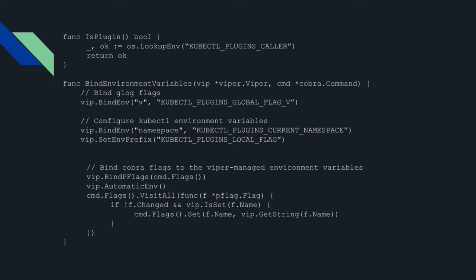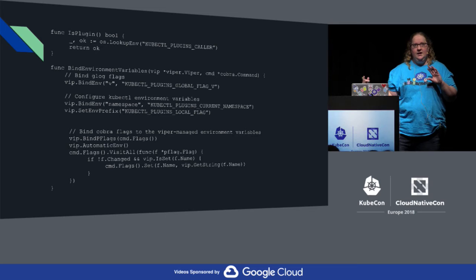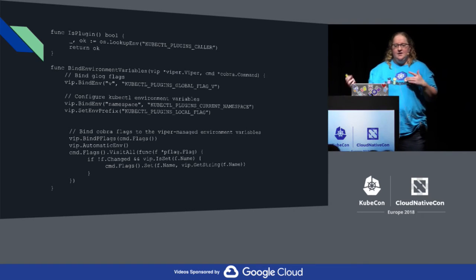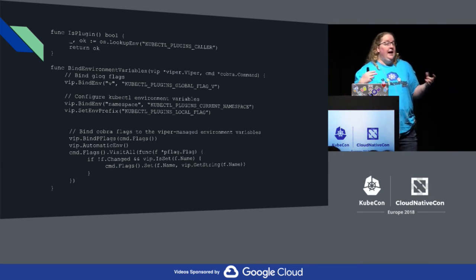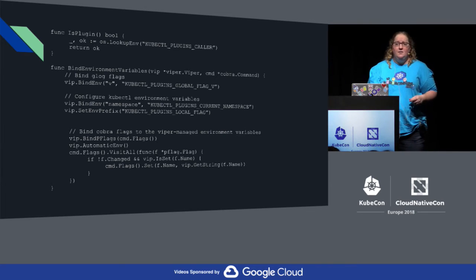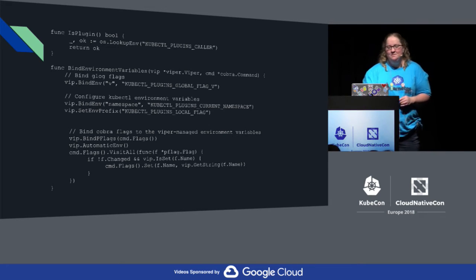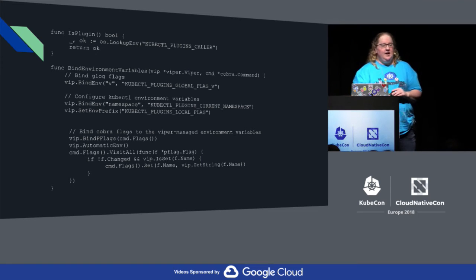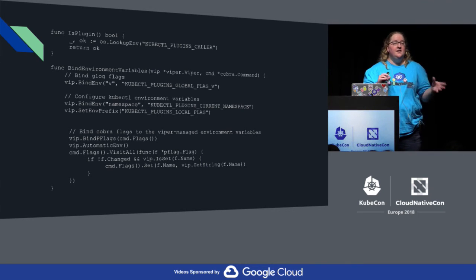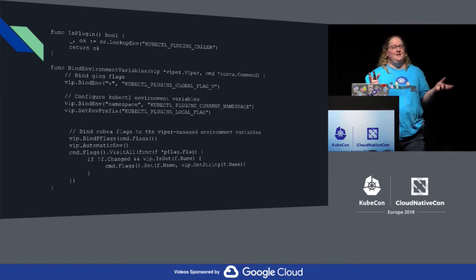So here are two functions that we use to handle running in plugin mode and running in standalone binary mode. I have this handy little function called isPlugin, and it just checks for the existence of an environment variable. I know no sane person would ever have this on their machine, so I'm probably in plugin mode, hopefully. And then bind environment variables uses another library also written by SPF13 that handles basically all the configuration you'd ever want to do.